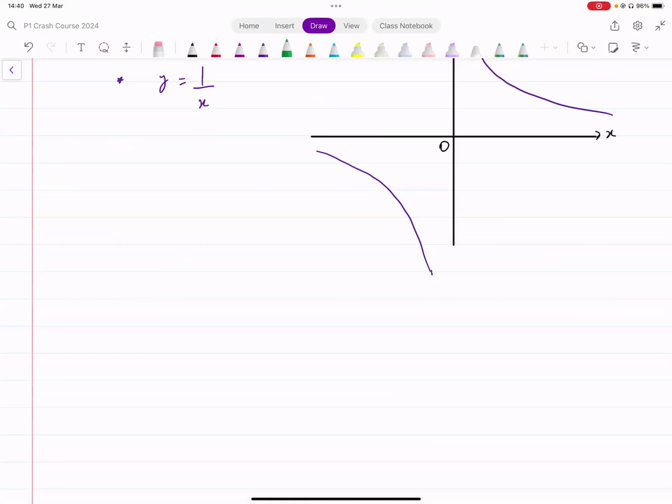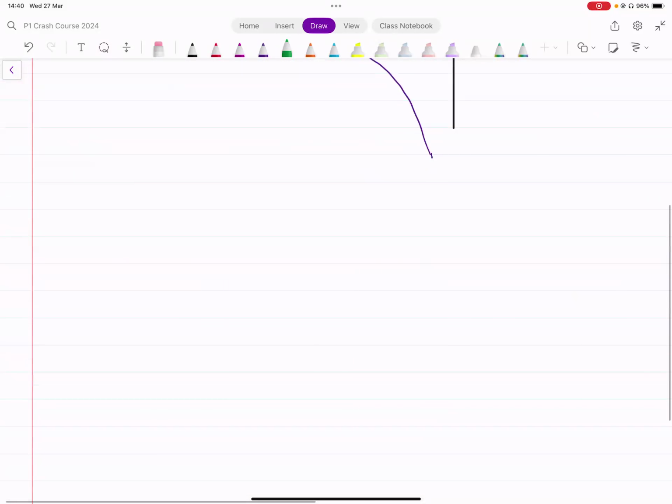Now, in our syllabus, these types of functions will not have any turning point. Now, there may be reciprocal functions that do have turning points, as in such functions may exist.